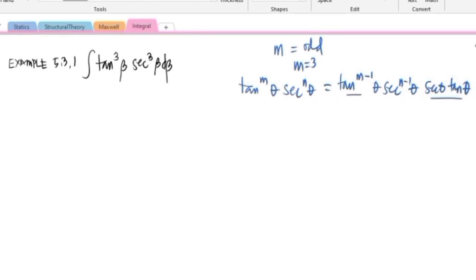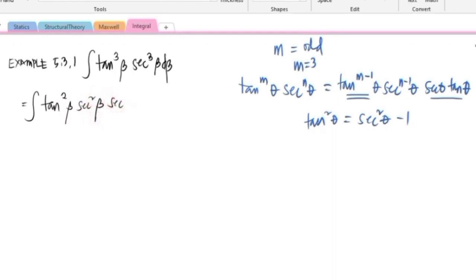And then, we express this tangent m minus 1 into secant using the identity tangent squared of theta is equal to secant squared theta minus 1. So, we would have tangent m minus 1, so that's squared beta, secant n minus 1, so that's secant square beta. Tapos yung in-extract natin, secant beta tangent beta d beta.